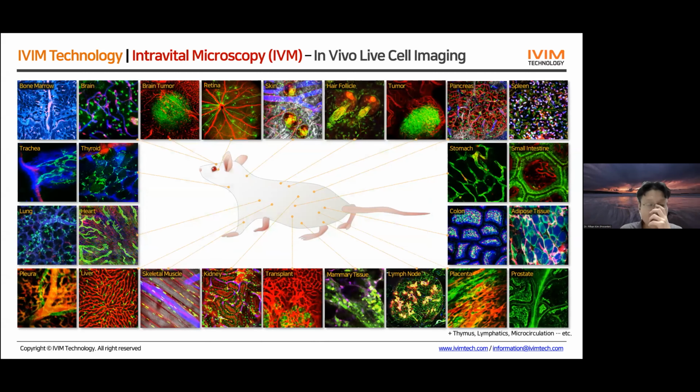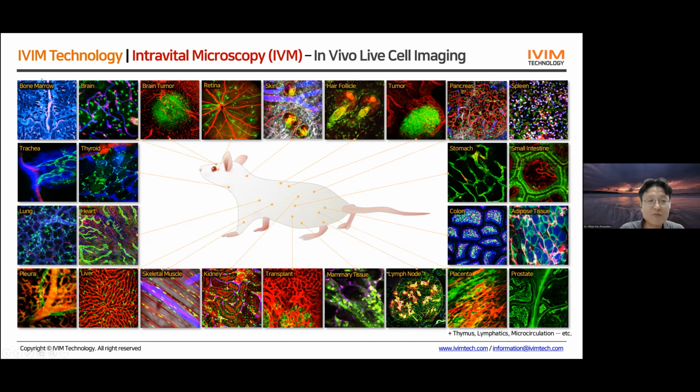Okay, so our intravital microscopy has been applied to almost all the internal organs in the mouse model. All of these images were obtained from the live anesthetized mouse model by using our intravital microscopy setup.